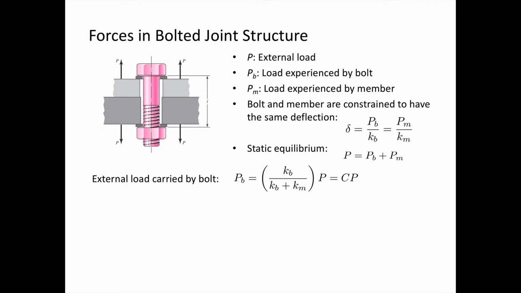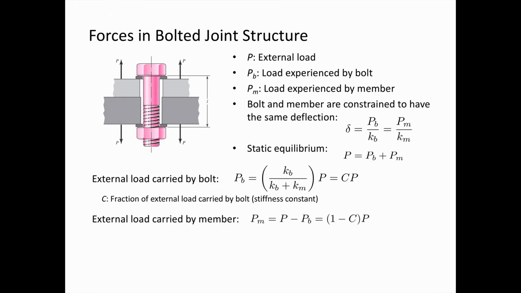And this quantity, K sub B over K sub B plus K sub M, that is a stiffness coefficient, C. And we'll see this used several times later on in this video. This value C tells us what proportion of the total load is taken by the bolt. The external load carried by the member, P sub M, is equal to the total load P minus the portion of the load carried by the bolt.